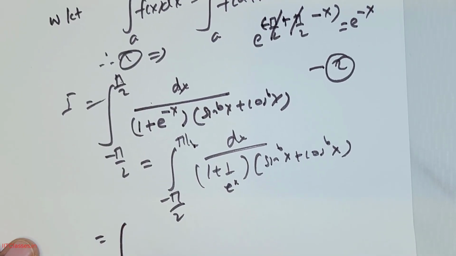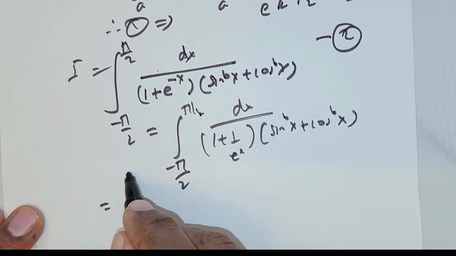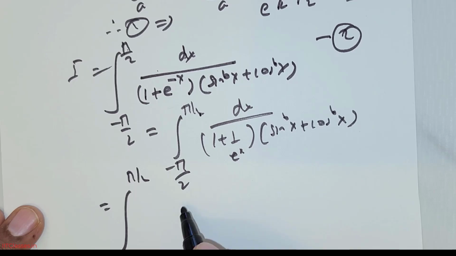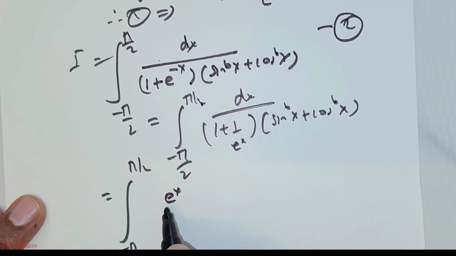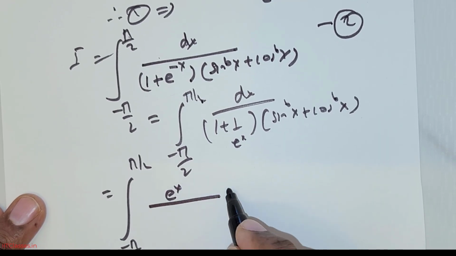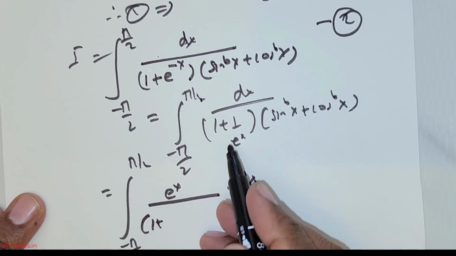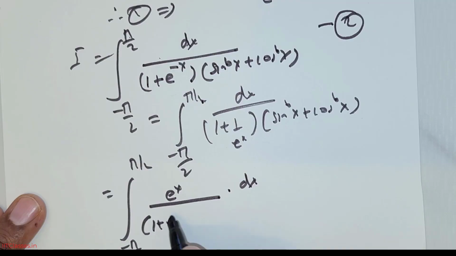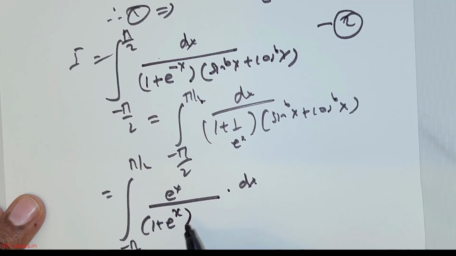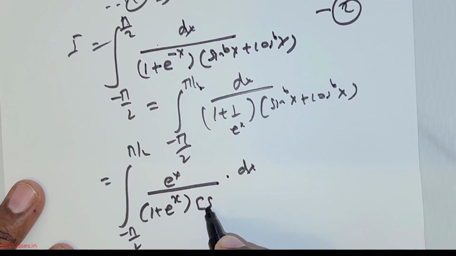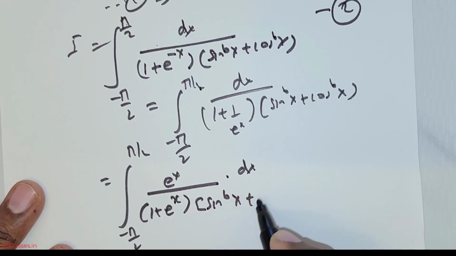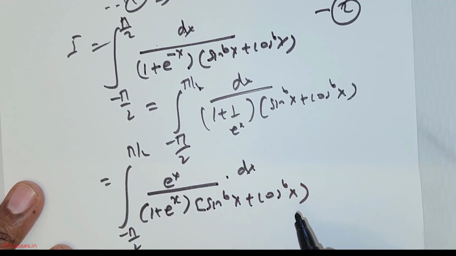So this is going to be the integral from negative pi over 2 to pi over 2. I can flip it, this goes to the numerator. So you have e raised to the power of x times dx divided by, this is going to be e raised to the power of x, right? So I will write it as e raised to 1 plus e raised to the power of x times sine raised to the power of 6x plus cos raised to the power of 6x.